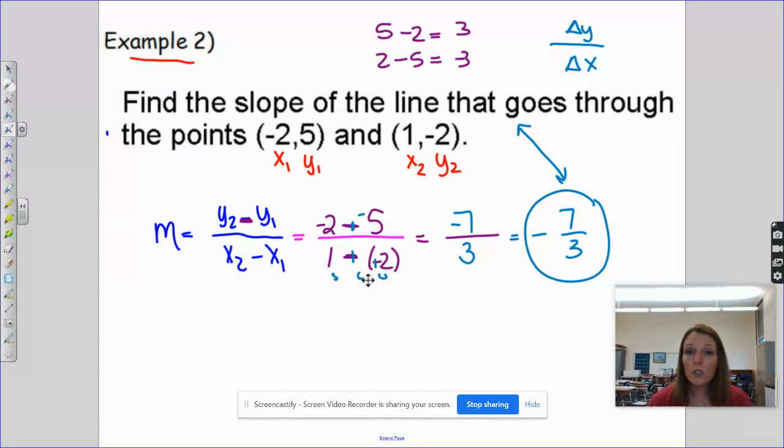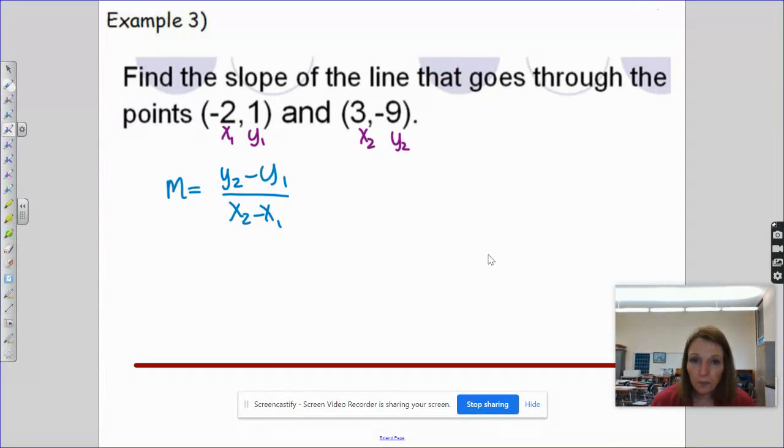So if you were to subtract them both in the opposite order, instead of getting a -7 over a +3, I would have gotten a +7 over a -3. But end of the day, isn't a positive divided by a negative still going to give you a -7/3? So it really does not matter which point you call the first point and which one you call the second point. What matters is that the order you're subtracting in is consistent.